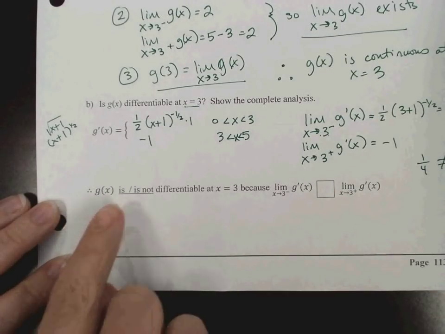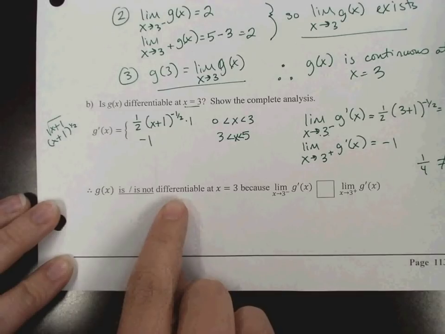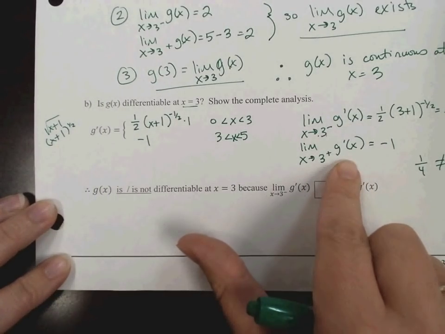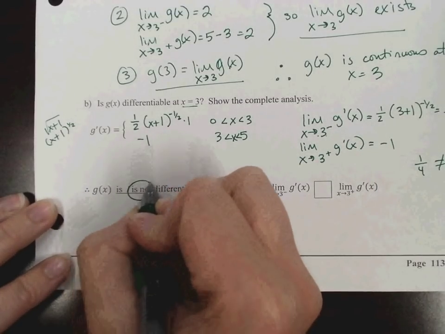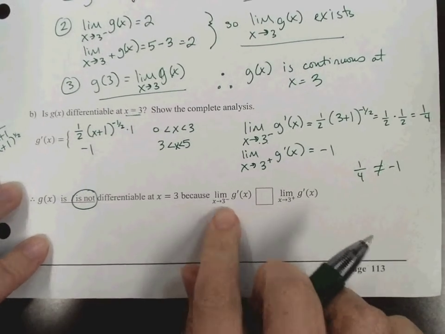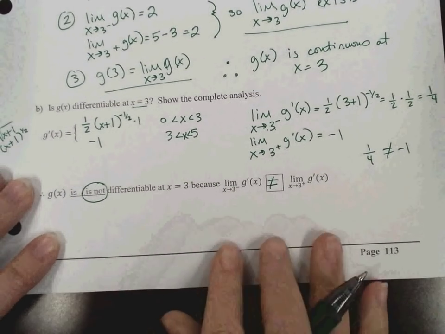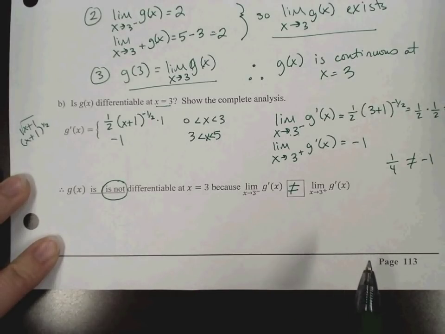Therefore, and this is my sentence that I'm filling in, g of x, and this was just circle one, is it or is not differentiable at x equal to 3? Because the limit from the left and the limit from the right of the derivative did not equal, this function is not differentiable at x is equal to 3 because the left limit of the derivative does not equal the right limit.